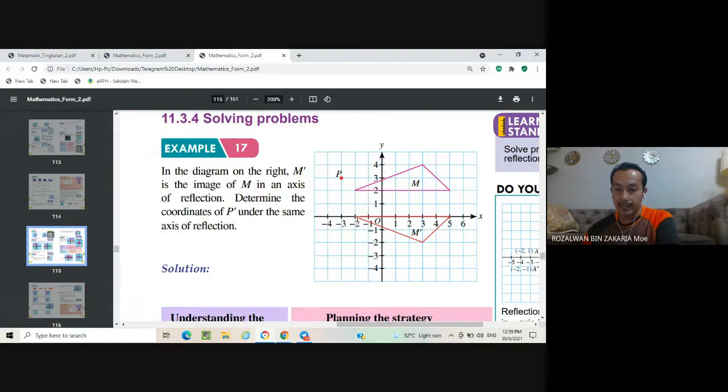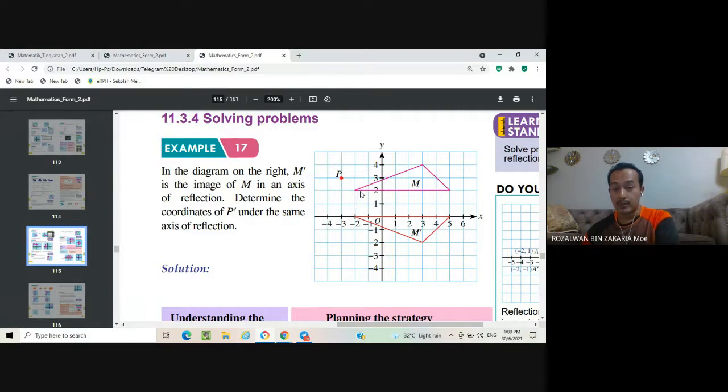Then look at this other point of the object M, and its image is here. You calculate the distance from this point to this point, which is also 2 units.